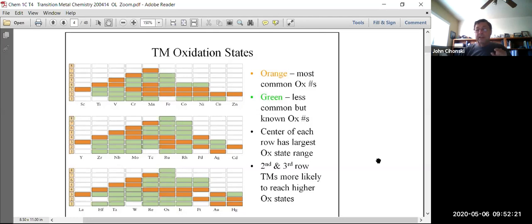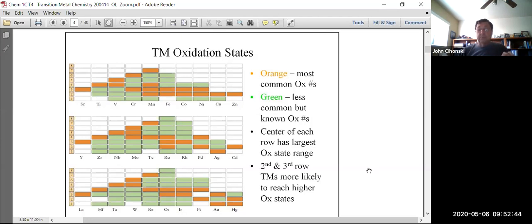Well, it turns out, let me address that right now. When you look at some of these green oxidation states, they are very high or very low, and the compounds or species they form are reactive.